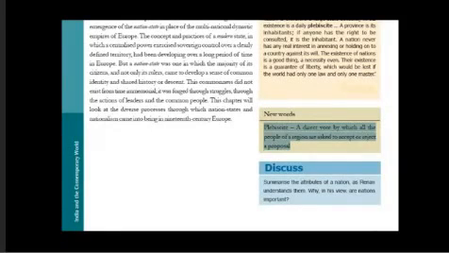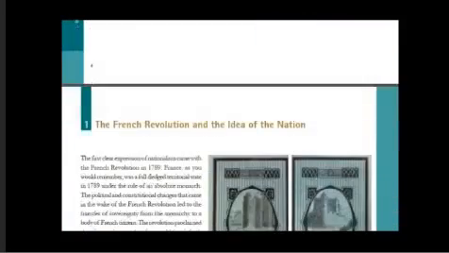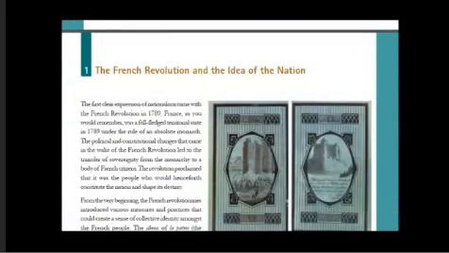So from the very beginning, the French revolutionaries introduced various measures and practices that could create a sense of collective identity among the French people. So in this chapter, we will talk about the collective identities of the peoples rather, so not people. Okay, the Polish people, the French people, the Germans, the Austrians, the Hungarians, the Italians, right?